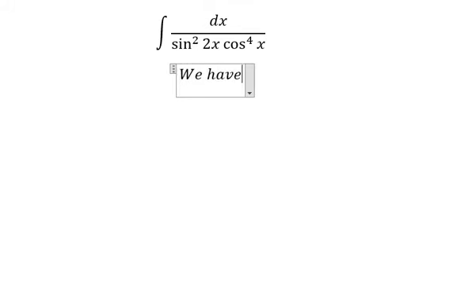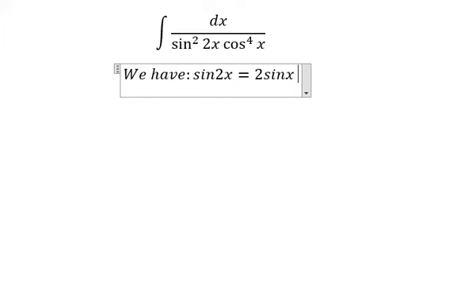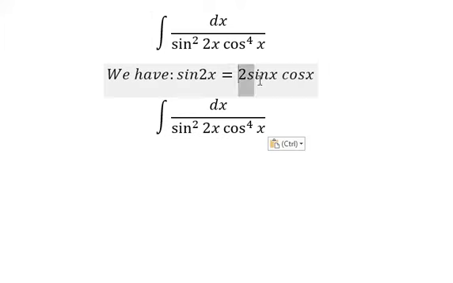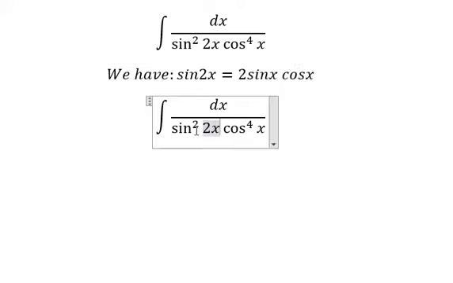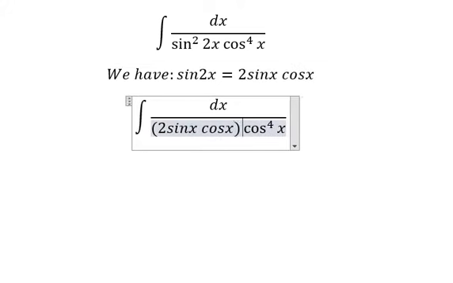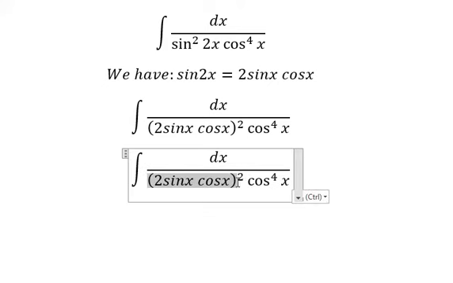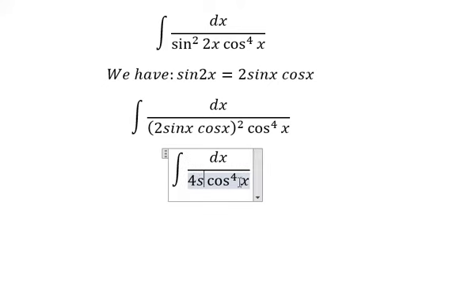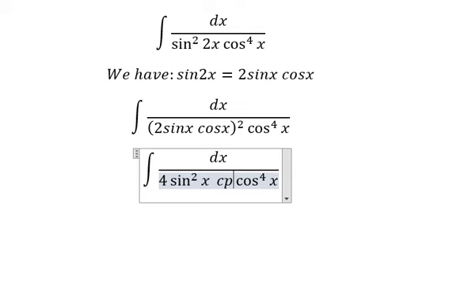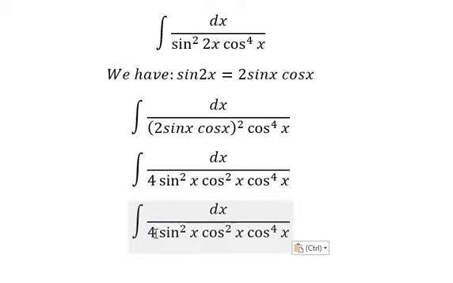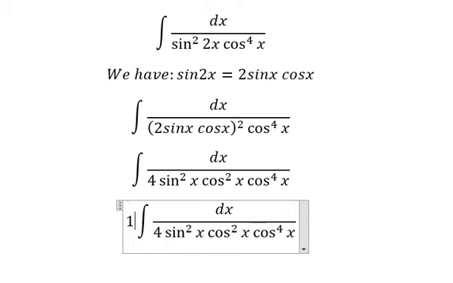We have the formula in here that is about sine 2x equals 2 sine x cosine x. So I will put this one in here. So we have 4 sine squared s cosine squared s. Now the number 4 I will put outside.